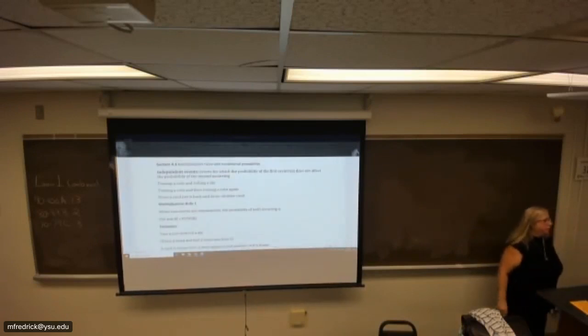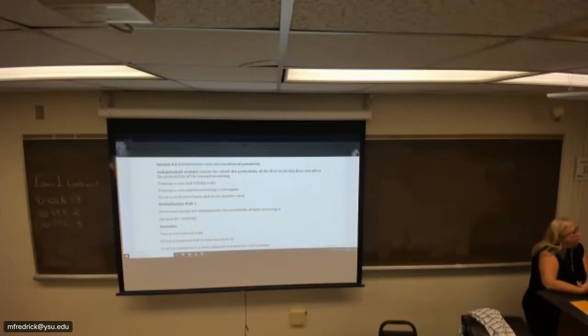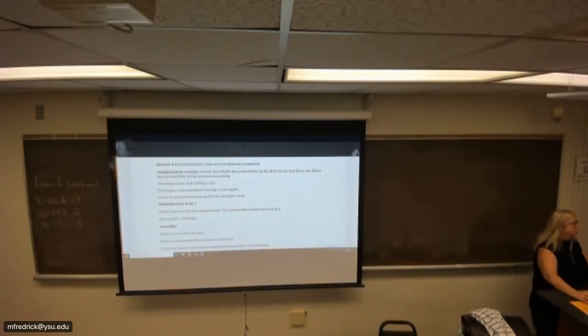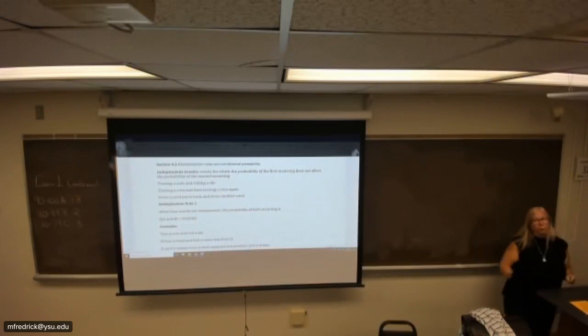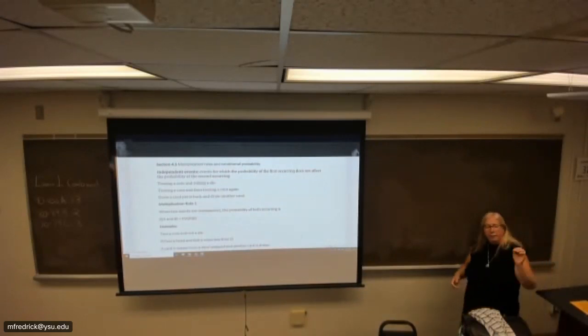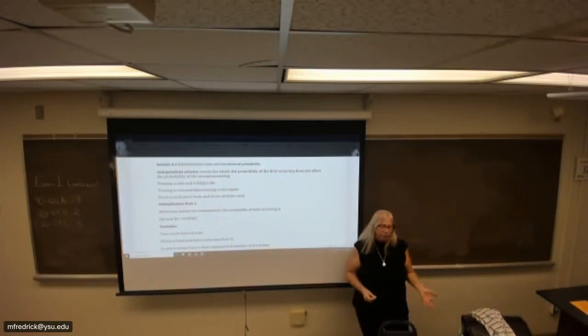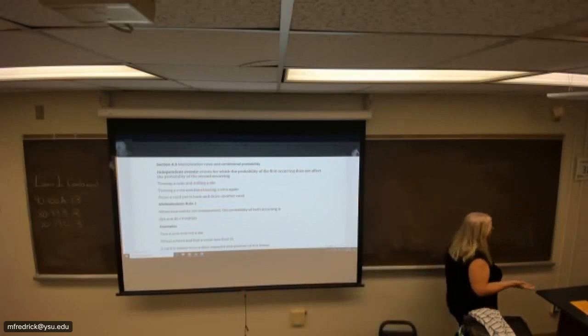So independent events are events for which the probability of the first occurring does not affect the probability of the second one occurring. If we toss the coin and then roll a die, having a heads isn't going to affect the outcome on the die. It's not going to change its probability. Each value is still equally likely.